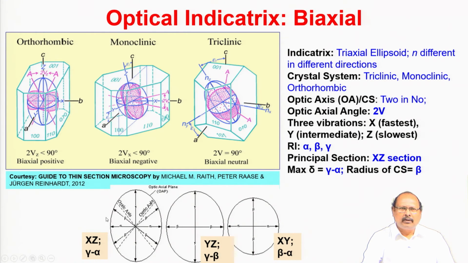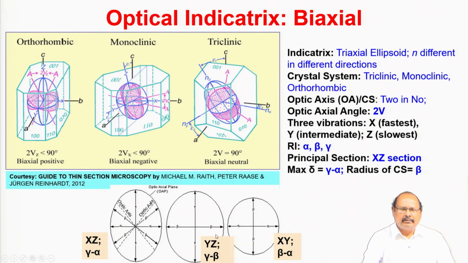One is the xz section, where this is the z vibration direction, and this is the x vibration direction. That optic orientation is an ellipse, and the refractive index corresponding to z is gamma, and the refractive index corresponding to x is alpha. So, this is the xz section, and gamma minus alpha is the maximum value here.